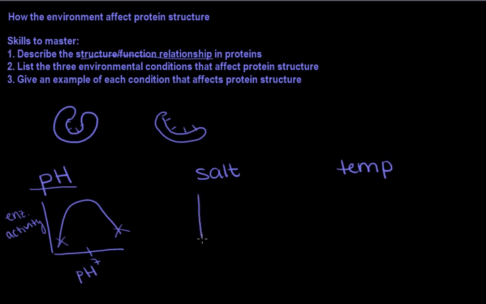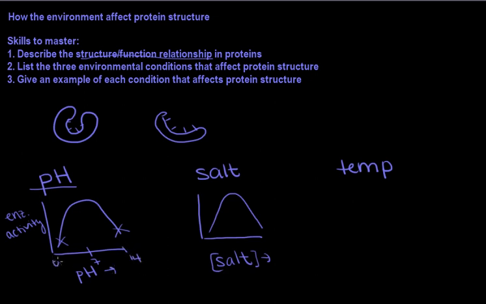Okay, and we see the same pattern in salt. There's a certain amount of salt that's good. So as the concentration of salt increases this way, and the pH is increasing this way, so this is 14, right?